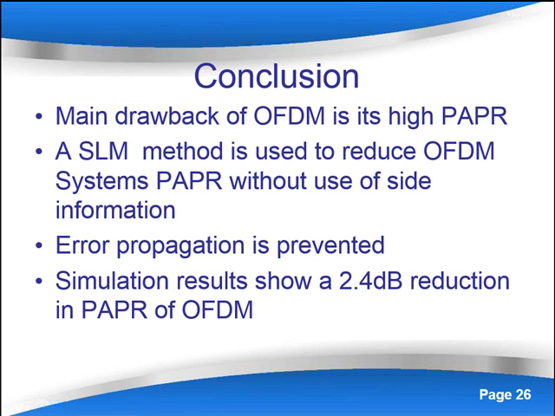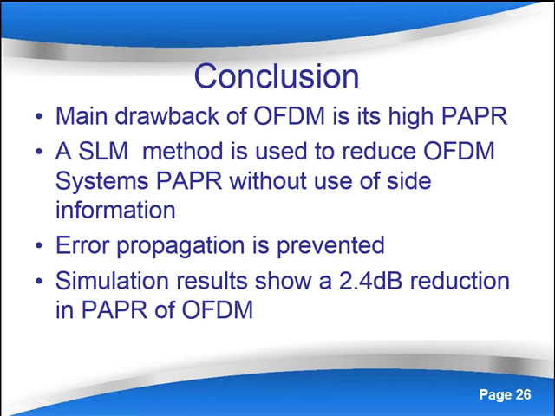In this project, we use a selected mapping method to reduce the PAPR of the OFDM system without using side information. On the transmitter side, the PAPR is reduced by multiplication of a phase sequence. At the receiver, the phase sequence used for peak power reduction is estimated without using side information by only comparing the decoding results of a small group of candidate phase sequences.